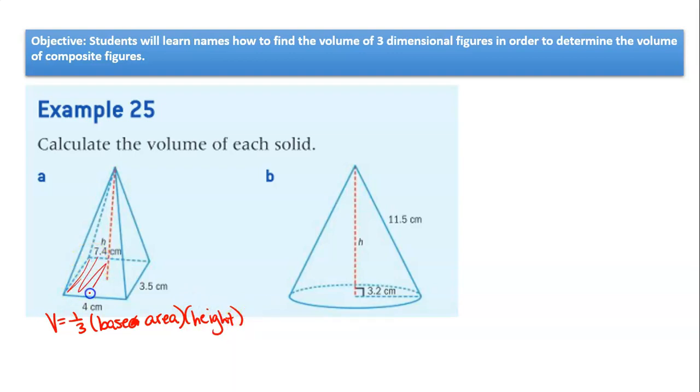The base here is a rectangle, 4 centimeters long and 3.5 centimeters wide, so the base area is 4 times 3.5. And the height is 7.4. When I multiply that all out and take it to 3 sig figs, I get 34.5 centimeters cubed.